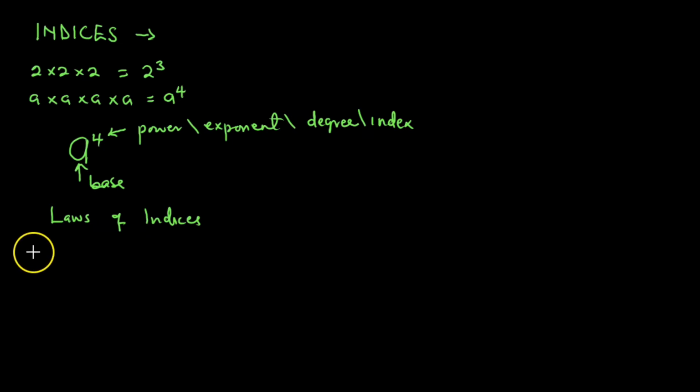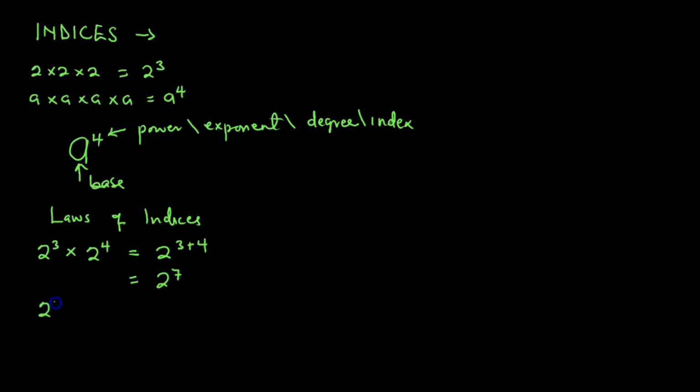Then someone may ask, when do we have the product law? When we have a number, let's say 2 multiplying 2 raised to the power 3 multiplying 2 raised to the power 4. This expression can be written as 2 raised to the power 3 plus 4, and hence we simplify it and have 2 to the power 7. Now, why is it so?